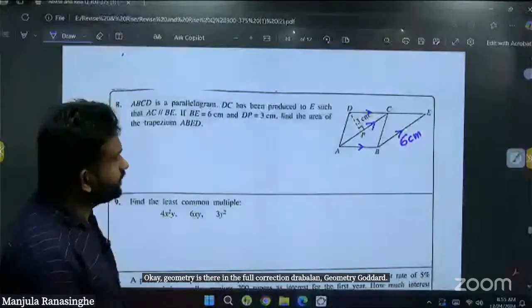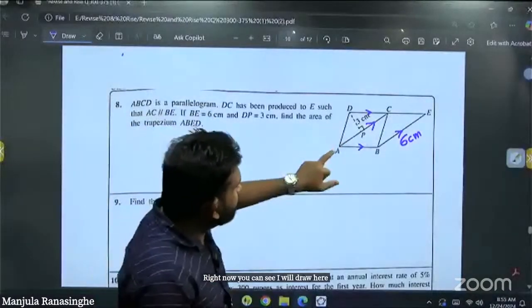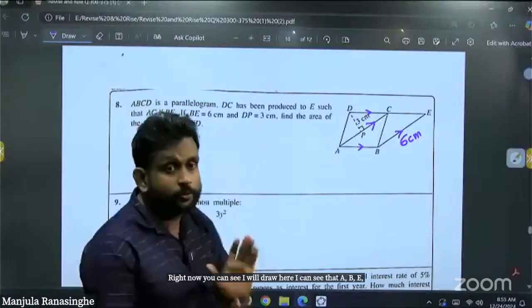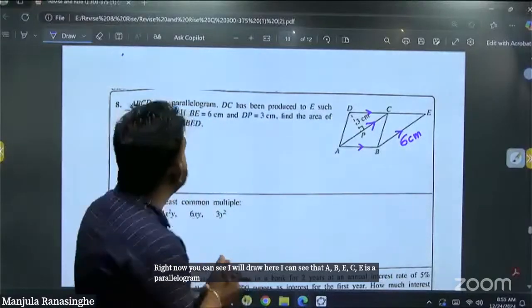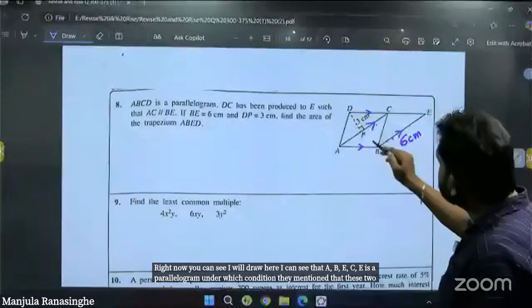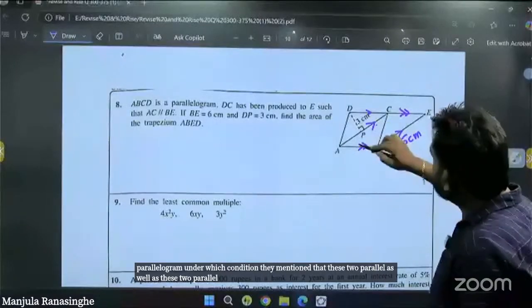Right, now you can see, I will draw here. ACBE is a parallelogram. Under which condition? They mentioned that these two are parallel as well as these two are parallel.